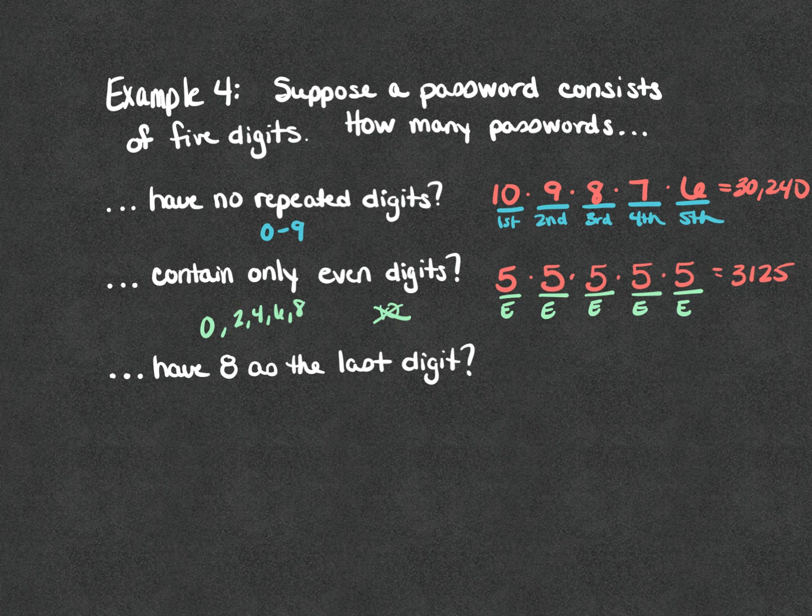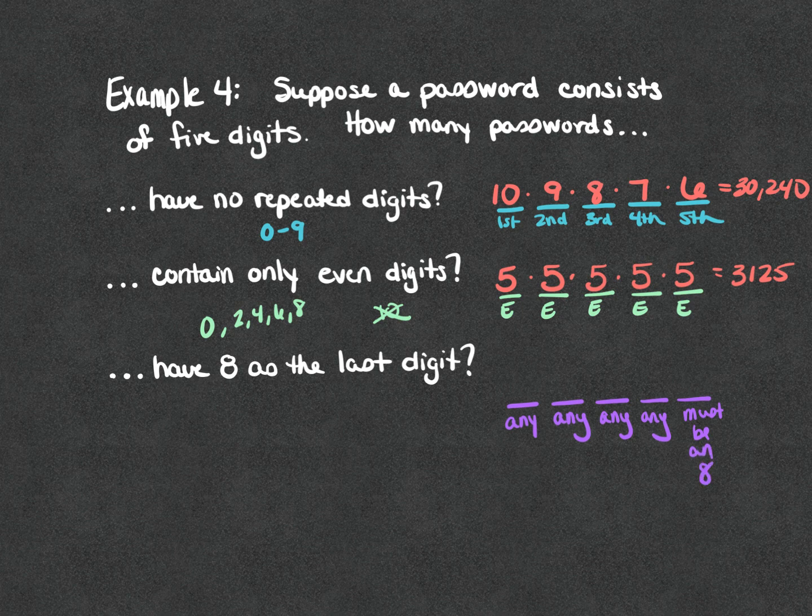Okay, last but not least, we're going to look at how many passwords would have the number 8 as the last digit. So 1, 2, 3, 4, 5 blanks again for the 5 digits in our password. So notice what could happen here is that this number can be anything we want it to be, as can the 2nd and the 3rd and the 4th, but this number must be an 8.